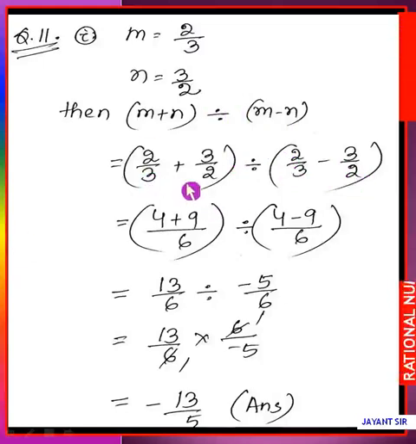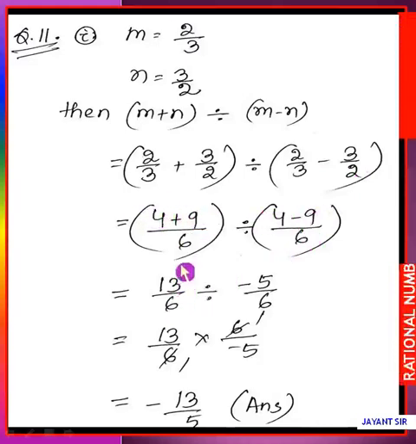Inside the bracket work will finish first. LCM of 3 and 2 is coming 6. 3 2 ja 6, 2 2 ja 4, then plus 2 3 ja 6, 3 3 ja 9, then 4 plus 9, then divide. LCM of 3 and 2 is 6. 3 2 ja 6, 2 2 ja 4, 4 minus 2 3 ja 6, 3 3 ja 9, minus 4 minus 9.